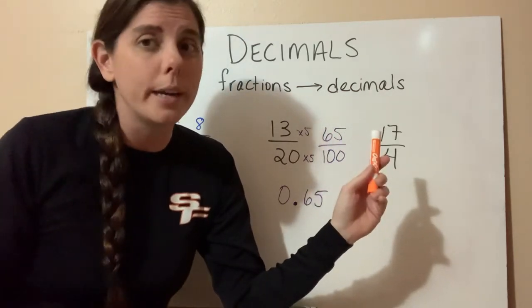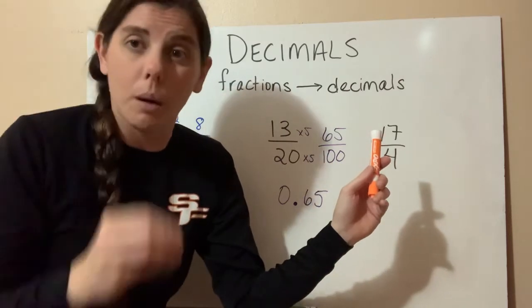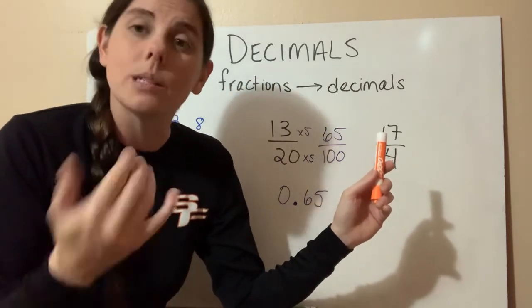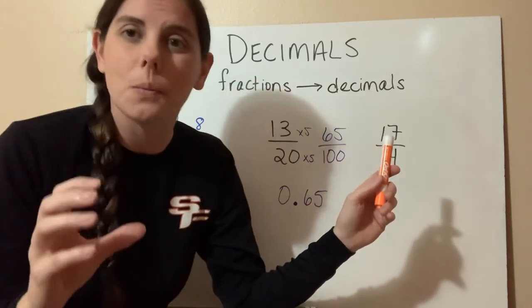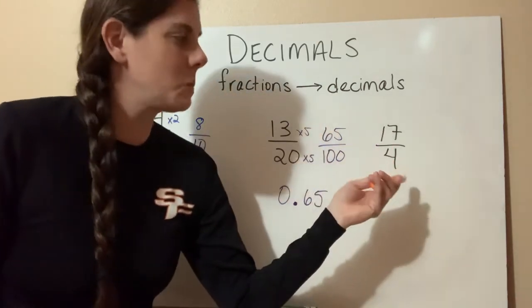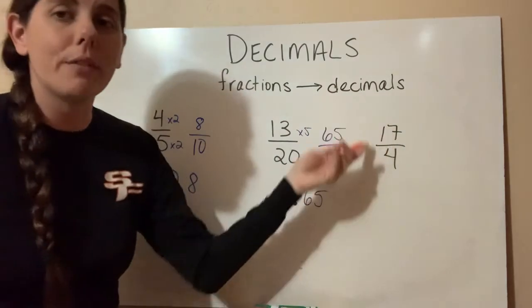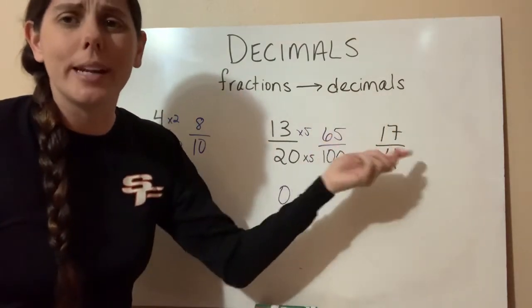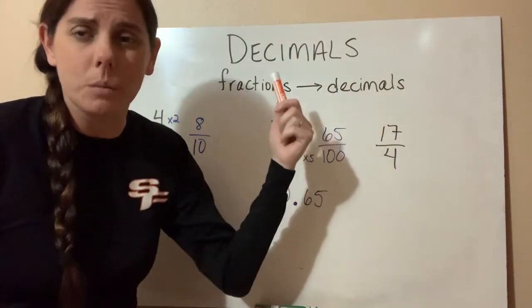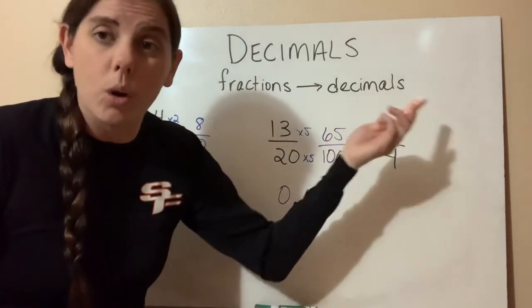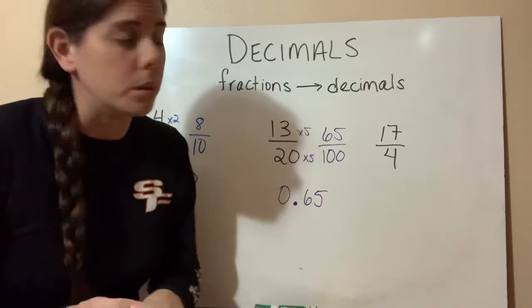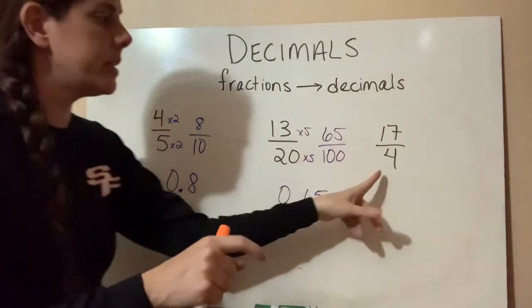In chapter 4, I had a couple of homework problems doing that, and this is why: there is a specific situation where it comes in handy, and this is one of them. When you have an improper fraction and you're trying to turn it into a decimal, go ahead and make it a mixed number, because then you know what the whole number is going to be for your decimal. So 4 goes into 17.